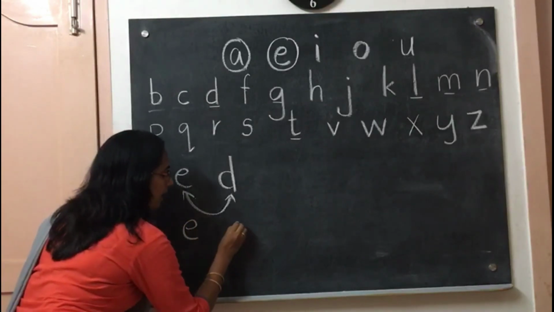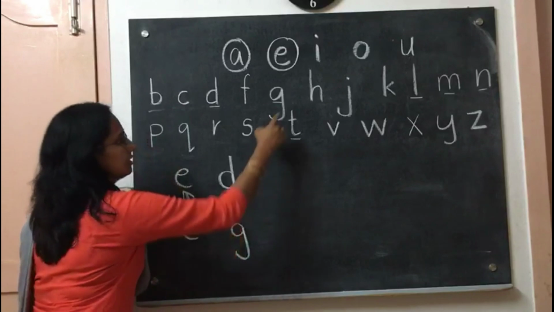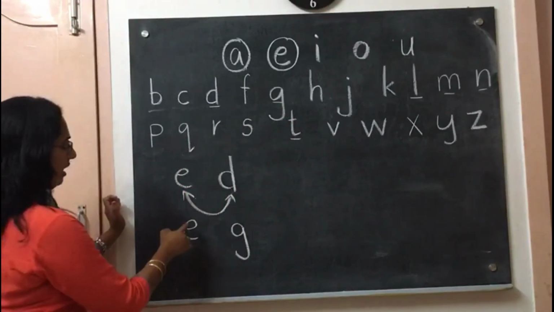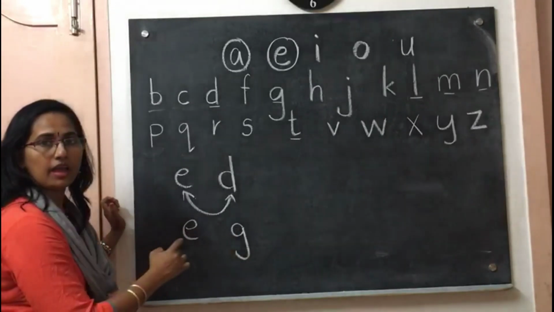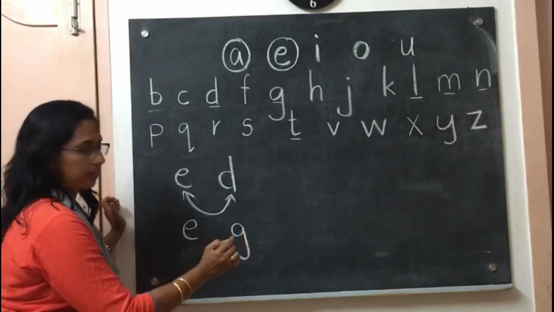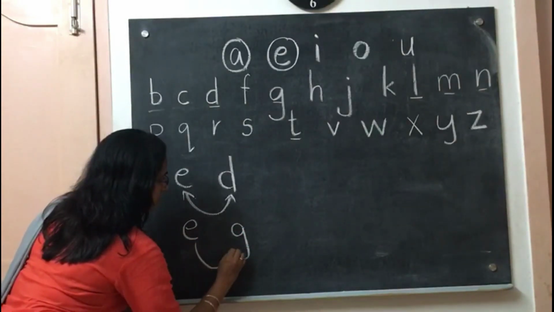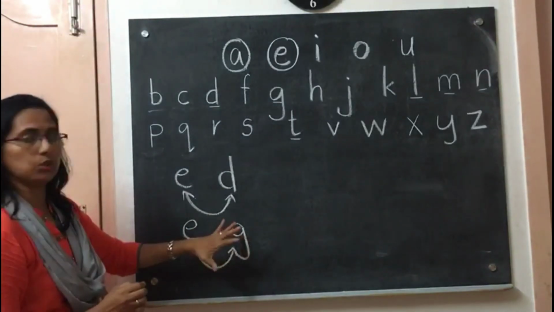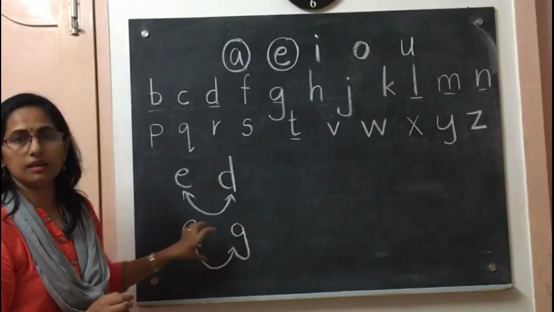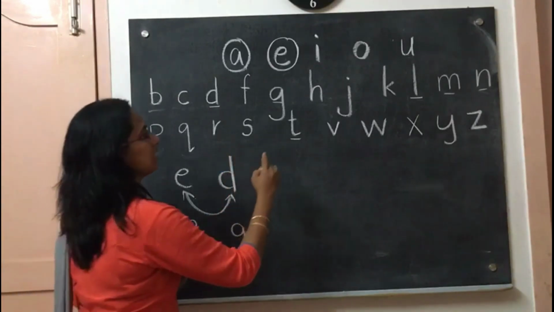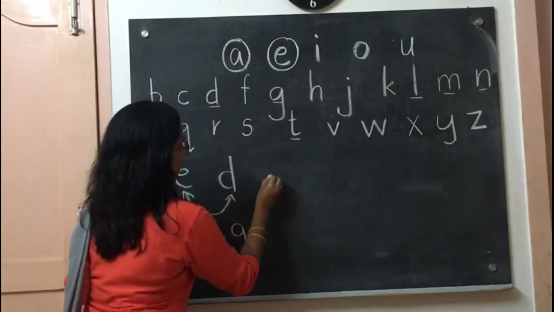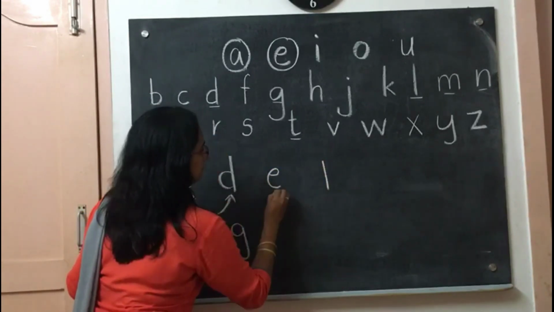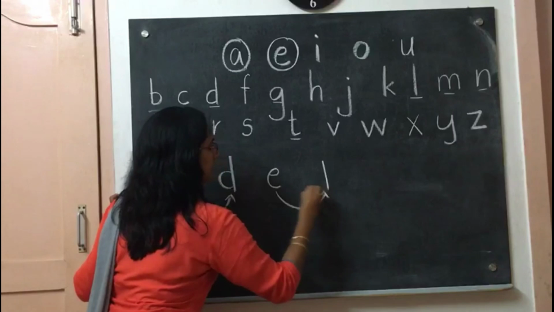Next one. E and G. The sound of G is G. Eg. Egg. So, the sound of E and sound of G together. Egg. Okay, now let's see the next letter. L. E and L. Let's join.